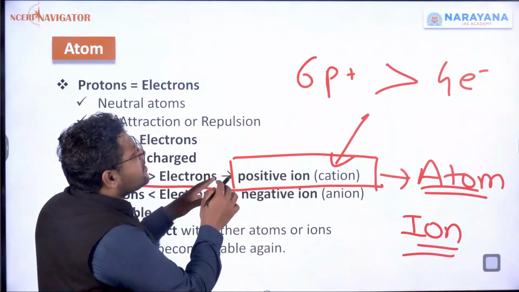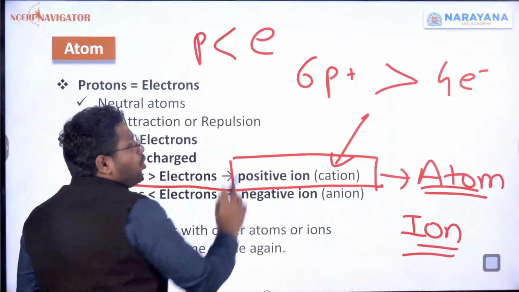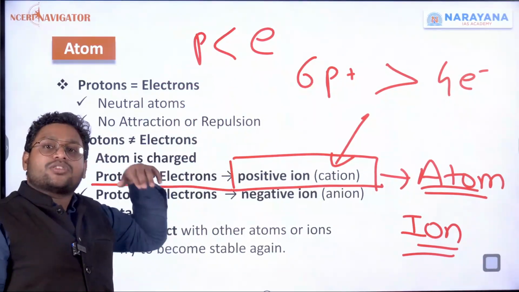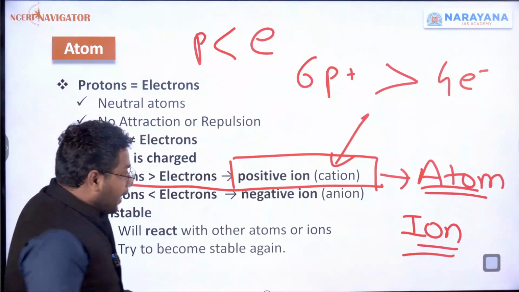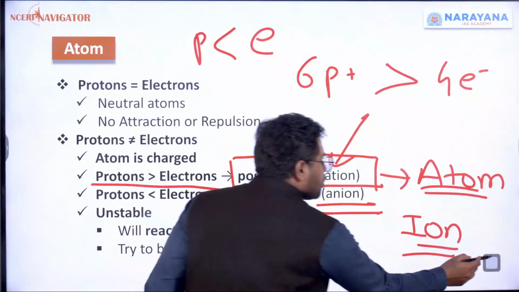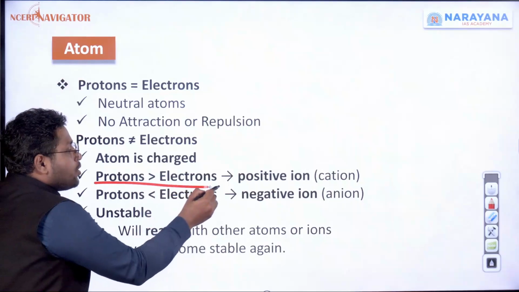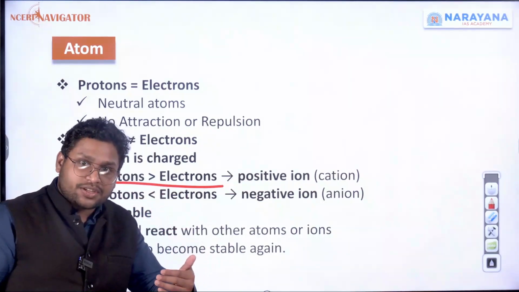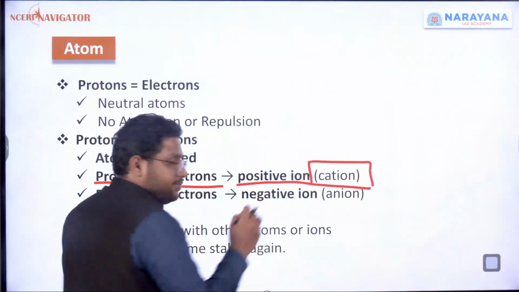Let's say there is a reverse case, wherein protons are less than electrons. That means negative charge is more and there is less positive charge. So it's a negatively charged ion, and this will be called an anion. These terminologies you should know: if protons are more than electrons, this atom will get a positive charge, and that's why we call it a positive ion or cation.